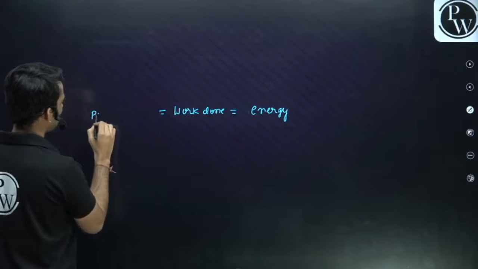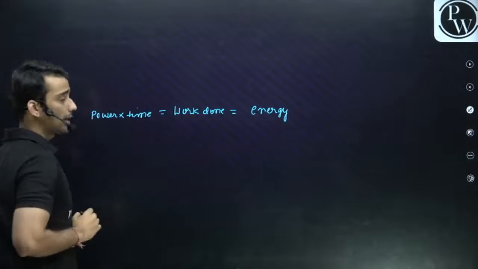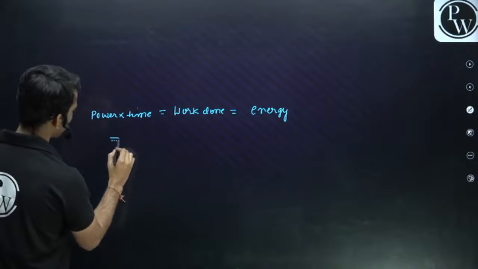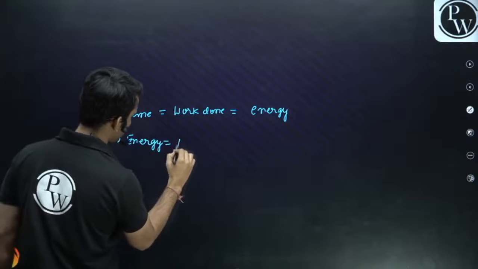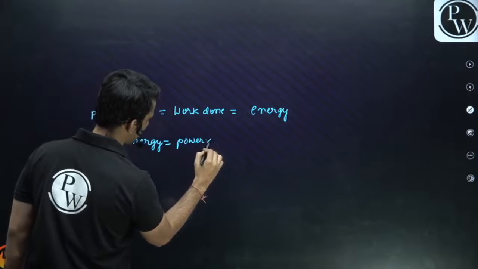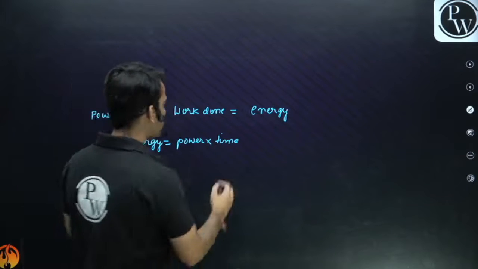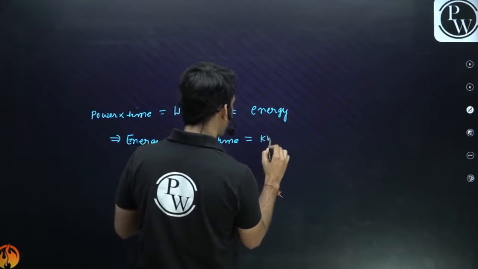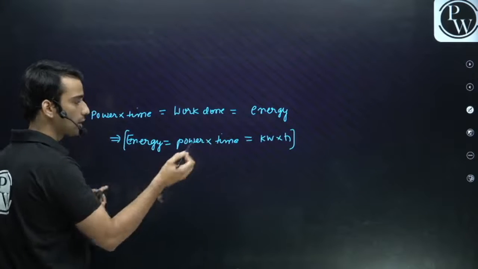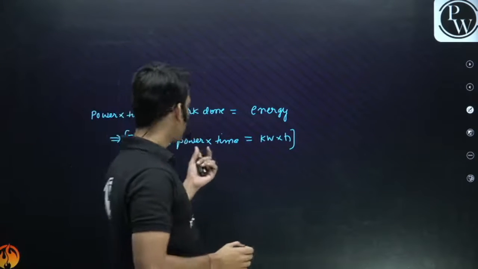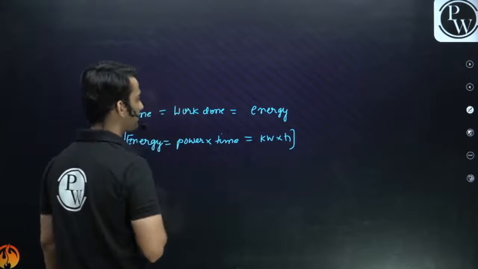Work is nothing but power into time, right? So guys, from here what can you infer? You can infer that energy is nothing but power into time. What is power? If I take power in kilowatt and time in hour, don't you think the unit of energy is kilowatt hour, right?